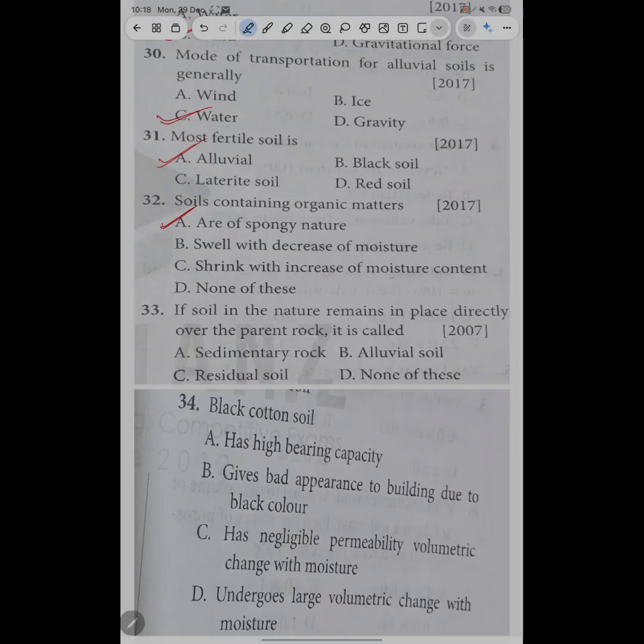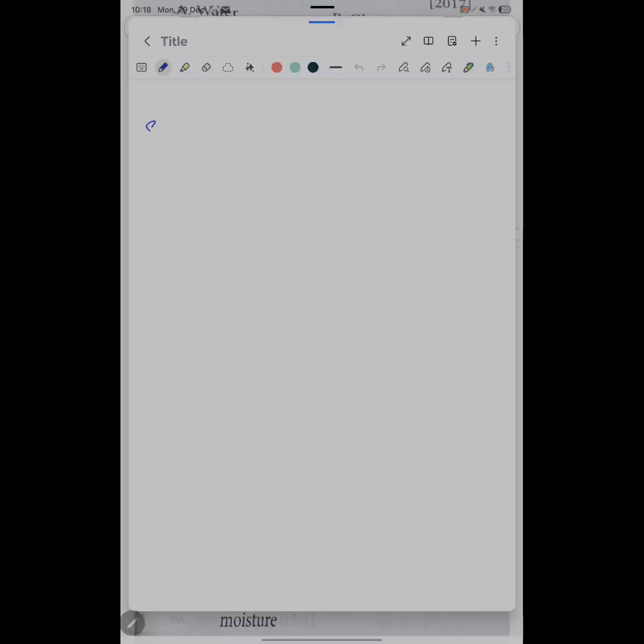Okay. So we can say that soils containing organic matters, they have spongy nature. Why it has spongy nature is due to the presence of humus. Humus is the topsoil with partly decomposed organic matter.